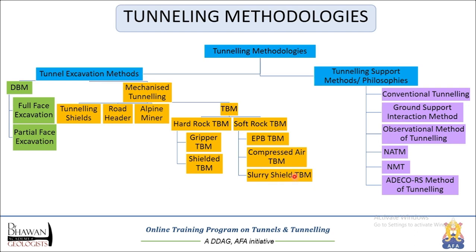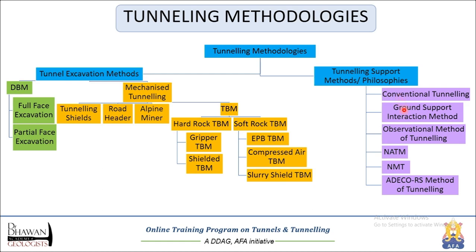Tunneling support methods or philosophies involve several types of supporting elements, but how these support elements are to be installed during construction of a tunnel depends upon the type of tunneling support philosophy you are adopting. It could be the conventional tunneling philosophy.